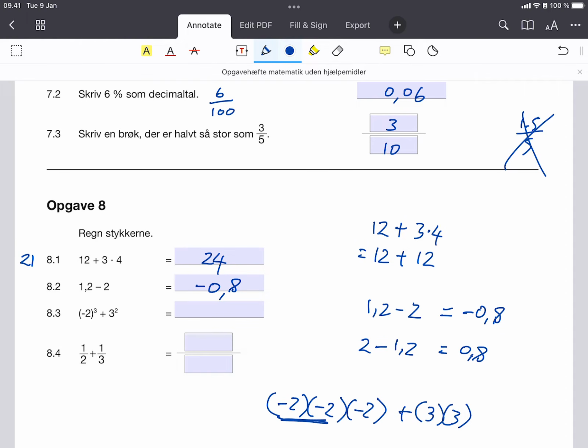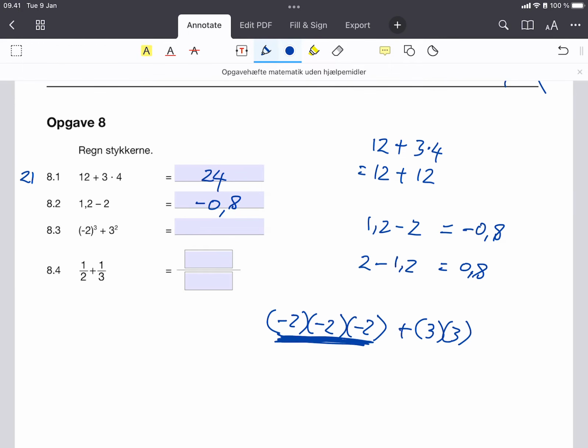Minus 2 times minus 2 would make 4. Minus times minus makes plus. But multiplying that 4 by minus 2 again would make it minus again. So that would be minus 8. Just tidy that up. Minus 8 plus, and then 3 squared is 3 times 3, which is 9. So it's minus 8 plus 9, which is 1.